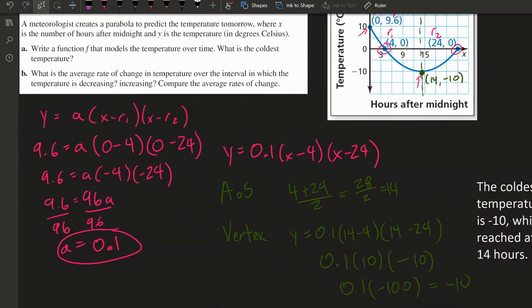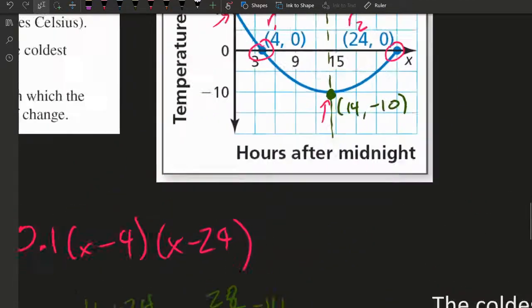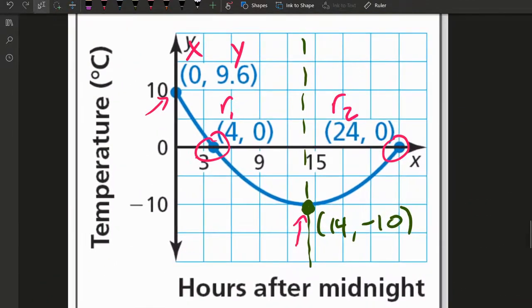Now the next question is, what is the average rate of change in temperature over the interval in which the temperature is decreasing, increasing? Compare the average rates of change. So this question right here, I'm going to zoom in a little bit, and I'm going to clean this up so we can see what's going on. Everything to the left of the vertex is where it's decreasing, and I want to find the average rate of change between those 2 points.